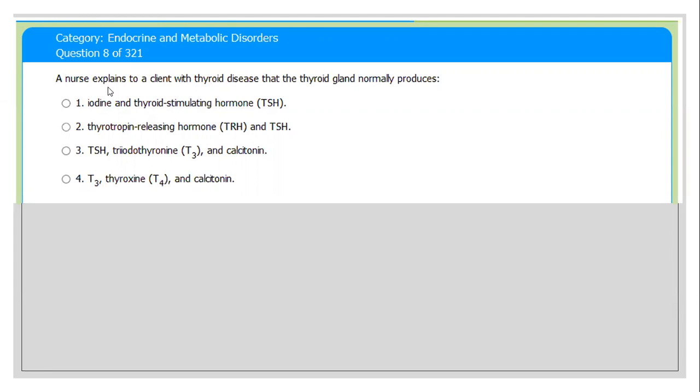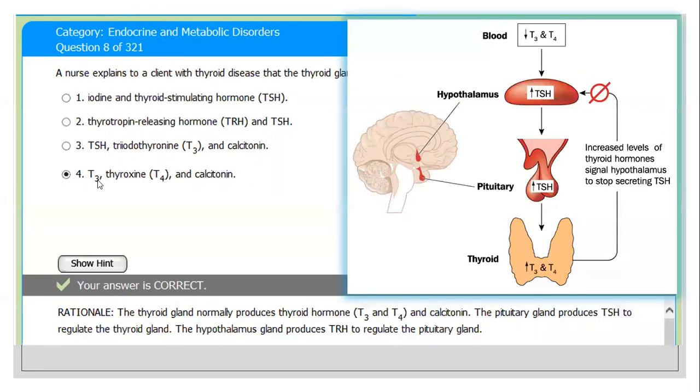So your patient has a thyroid disease. Now the examiner is asking, the thyroid gland produces which 3 hormones? The correct answer is T3, T4, and calcitonin.